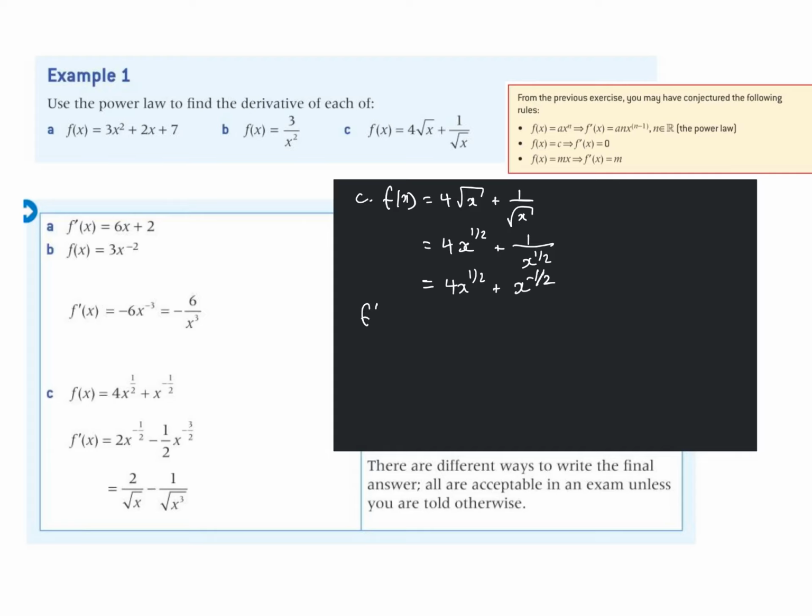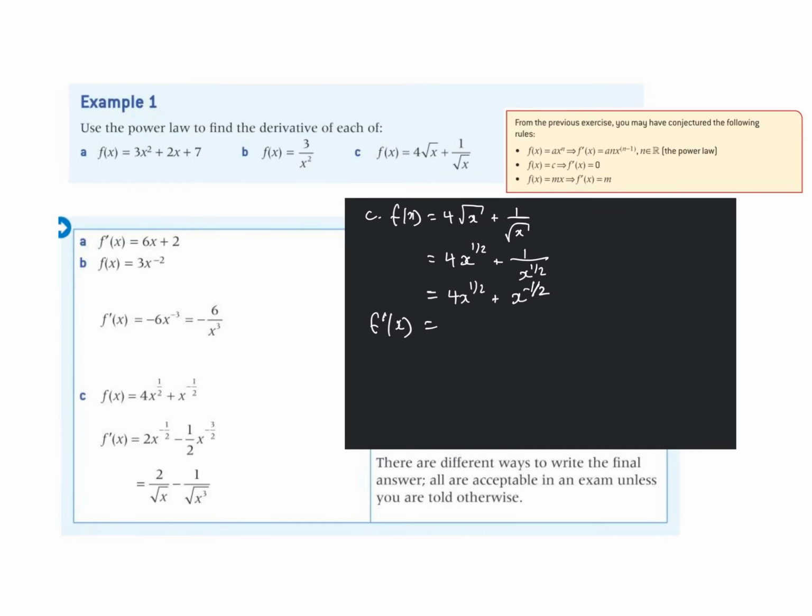And the derivative is going to be, we just follow the same rules. We're still using the power law. We're going to bring down the half, so it's a half times 4. That half comes down multiplied by the 4, so that's 2. So we're going to have 2x. Then the half has to be reduced by 1, so it becomes minus a half.